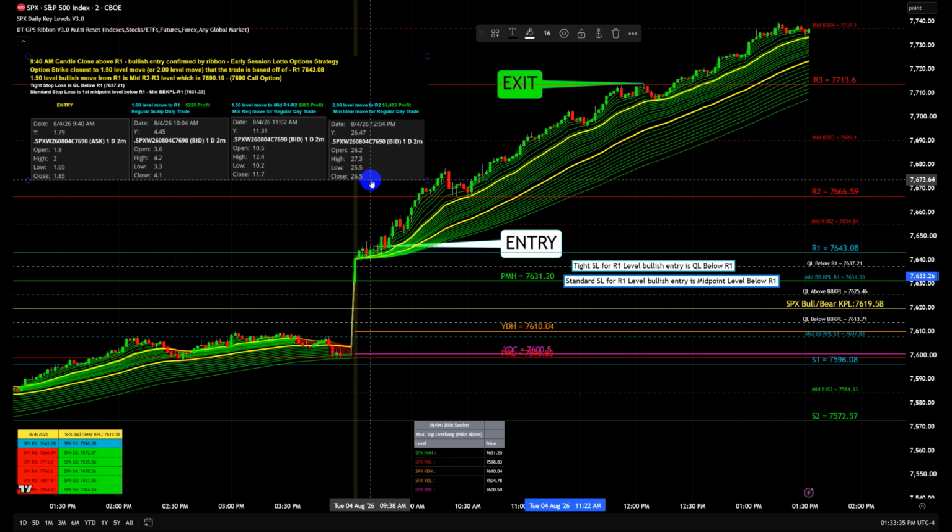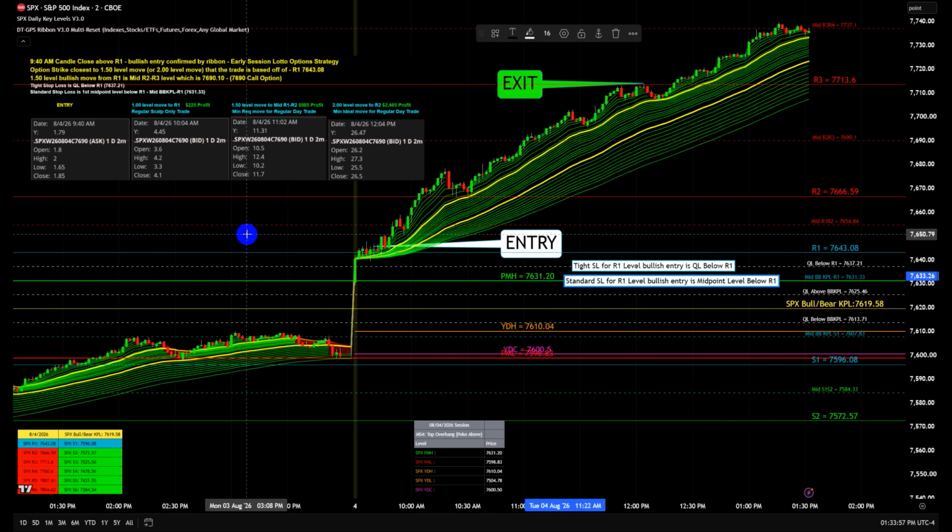So obviously, if you had any remaining runners that were de-risked earlier on, these would be a lot more in profit now based on this continuing move up past R3. We've moved up another 25 points or so to mid R3, R4.